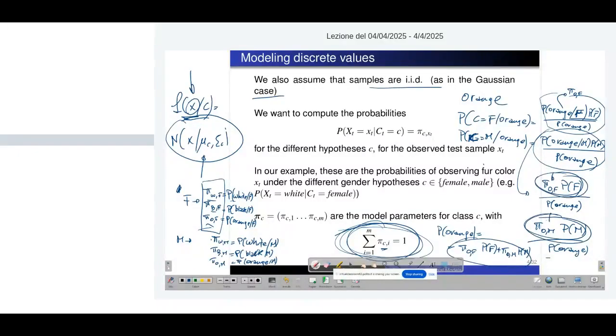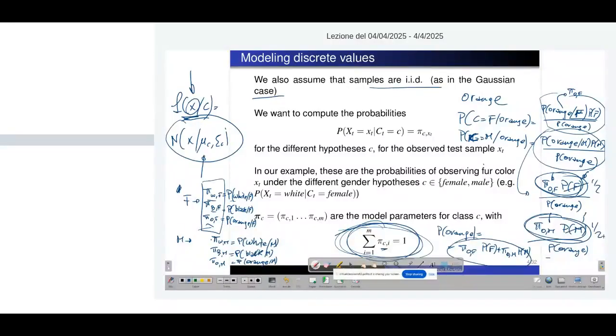But these terms here are the model parameters, so if I have the model parameters, we will see how to estimate them. But for the moment, imagine I already solved the estimation problem, so I have the model parameters. I just need to plug in the prior information, but the prior information we have seen, we will have somebody who tells us what is the prior for this task. So for this specific application, what is the probability that one cat is male or female? For example, if there are no gender preferences, we may say that it's 1/2.